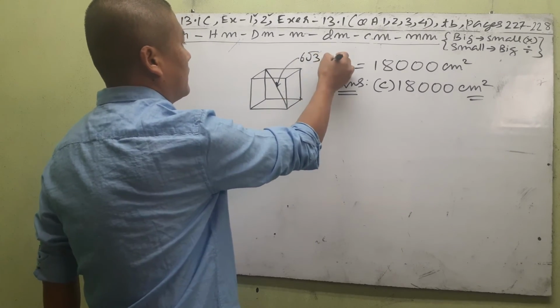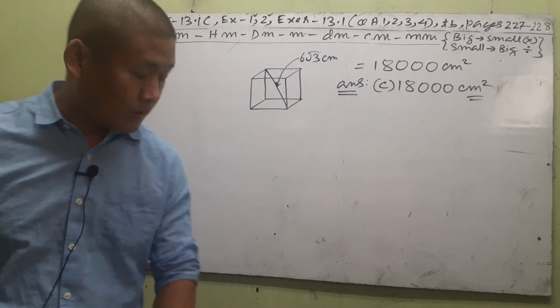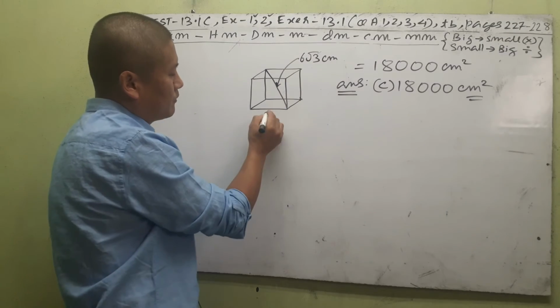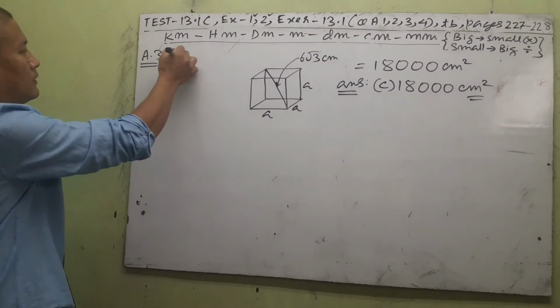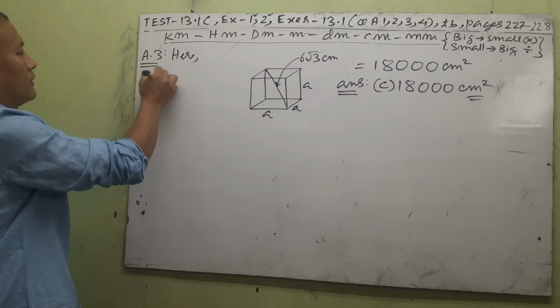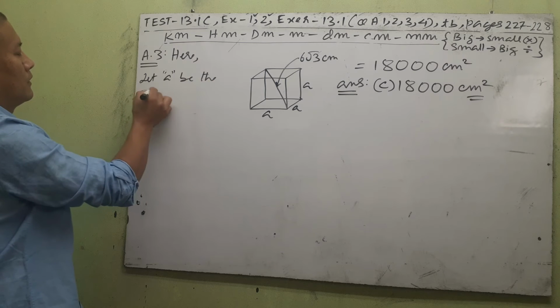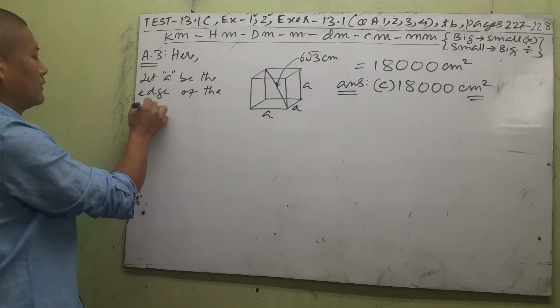The longest stick that can go inside a cube is called its diagonal. Then the edge of the cube. Edge is a measurement, the same in a cube. So this A is the edge. So here, let A be the edge of the given cube.